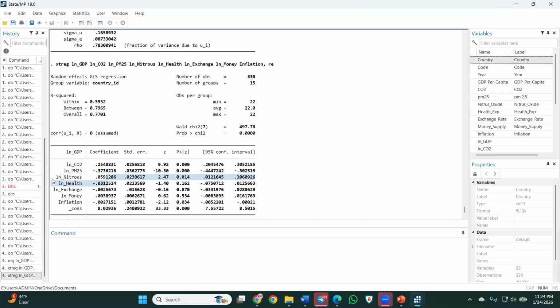So if PM 2.5 increases by a unit, it will cause a 37% reduction in the country's GDP.